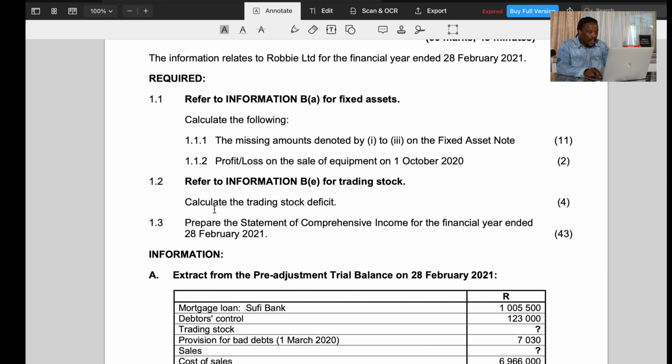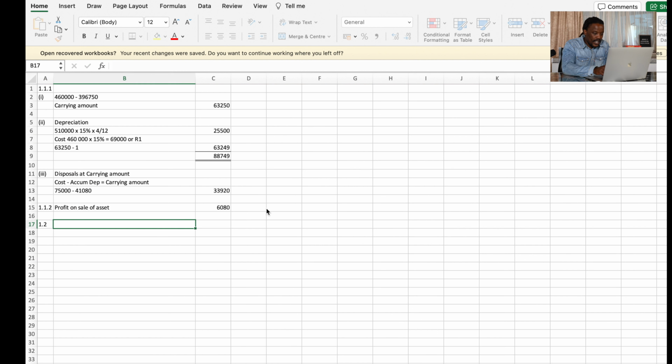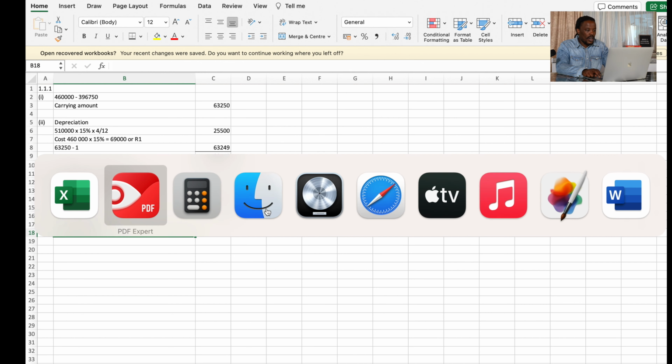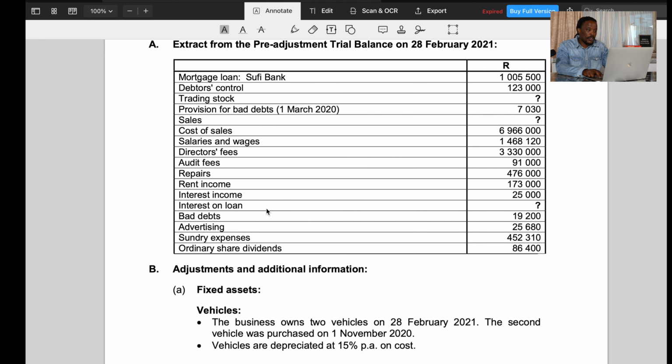I think now we have 1.2. Refer to information on BE, for trading stock. Calculate the trading stock deficit. They say we must refer to B5 in terms of trading stock. And look, trading stock was not given.